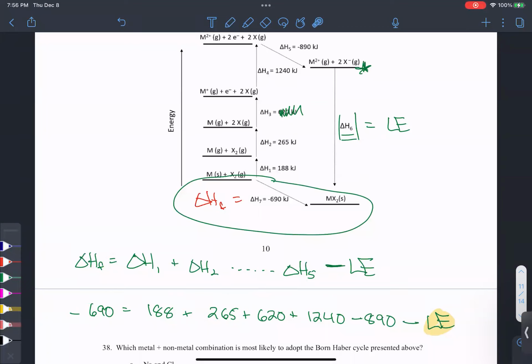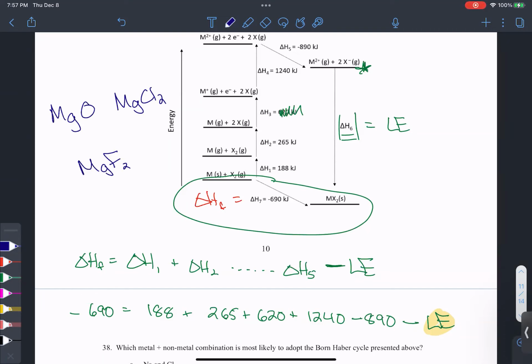So these questions, yeah, it's a little bit more daunting. We actually have to put in a number. But the other way to assess these questions is looking at relative lattice energy, where I compare MgO, MgCl2, and MgF2 or something like that.